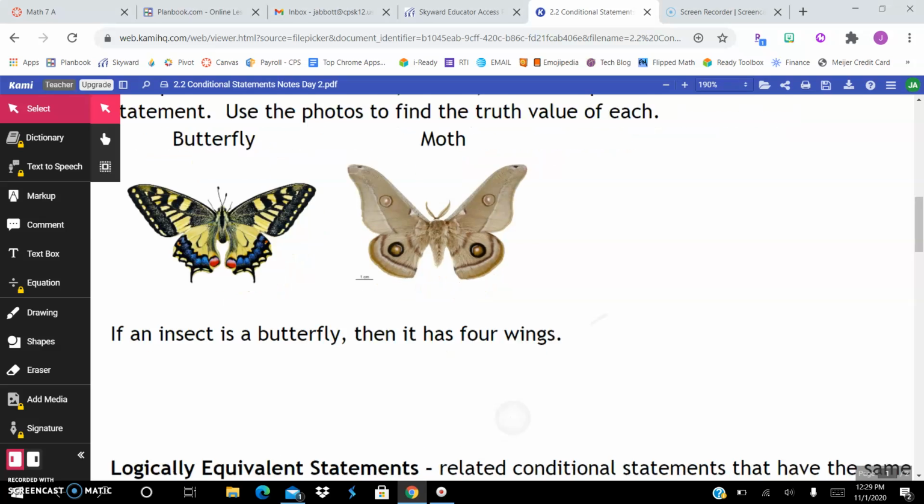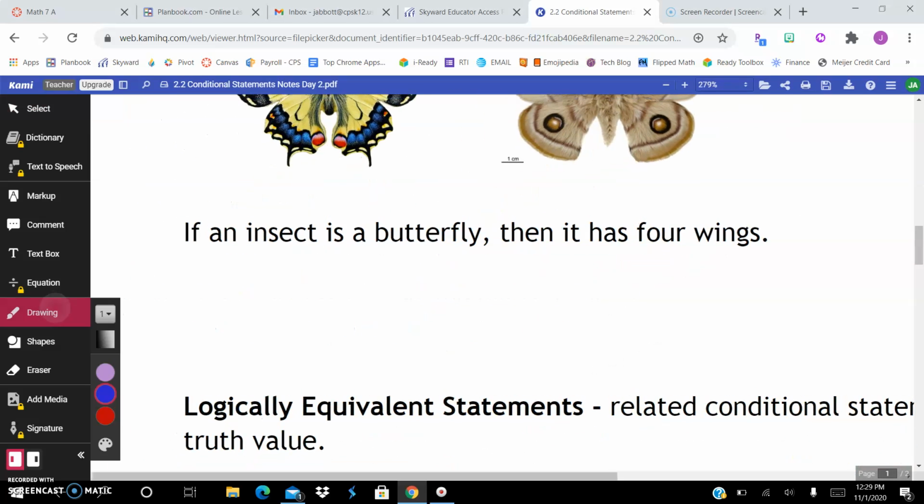We are going to start with the converse. The converse is simply flipping the if and then statements. So the then statement, it has 4 wings, is now going to become the if.